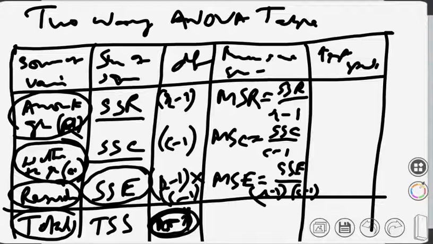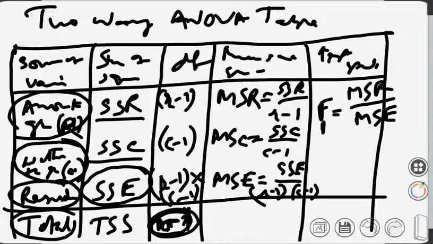And here there will be two different F's. This is F for row, so that will be MSR by MSE. That is F1. And this will be F2, which is for column. So there are two types of variation, because of the row and because of the column. You have to do it carefully. Don't make any mistake.